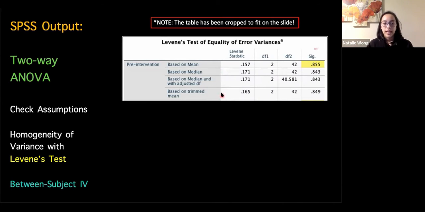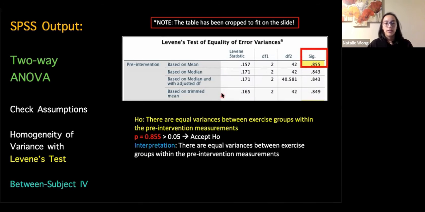If we look at the pre-intervention p-value, our null hypothesis would say there are equal variances between exercise groups within the pre-intervention measurements. P-value is greater than 0.05, we have equal variances. We've met our homogeneity of variance assumption.